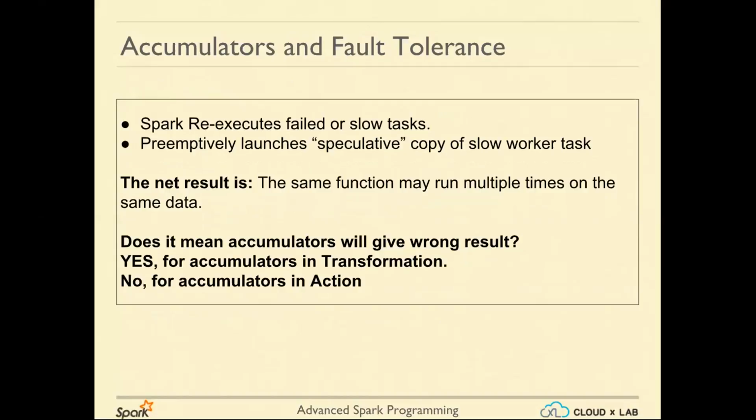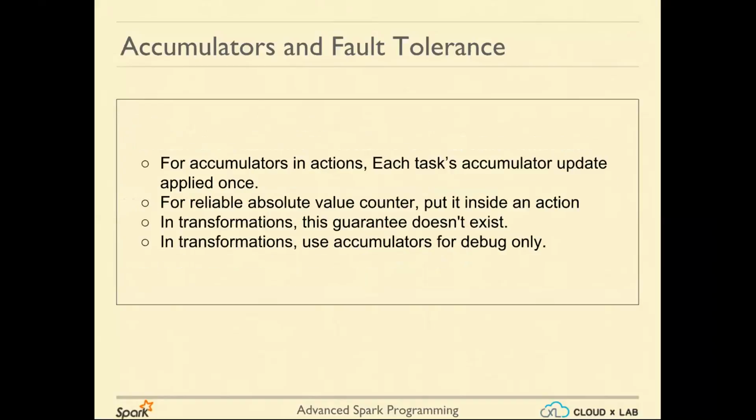So yes, accumulators in transformation give wrong results while accumulators in action give right results, because if the action is not completed, then accumulators are not really counted, while the accumulators in transformation give the wrong results. All right. So if you are using accumulators in action, each task's accumulator update is applied once.